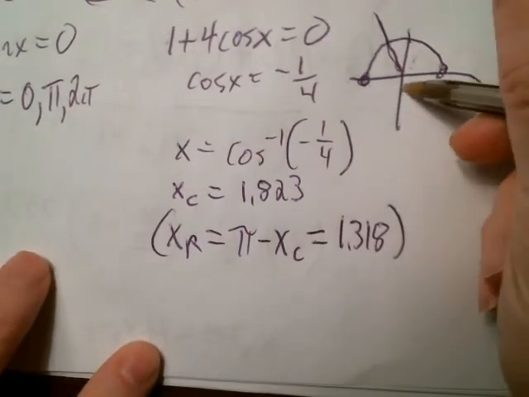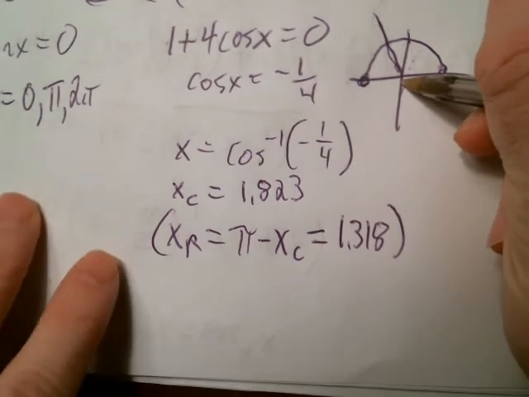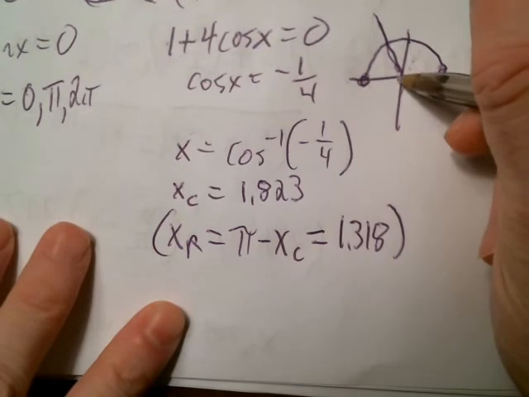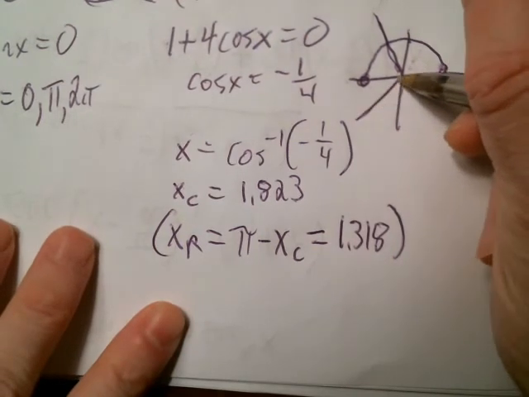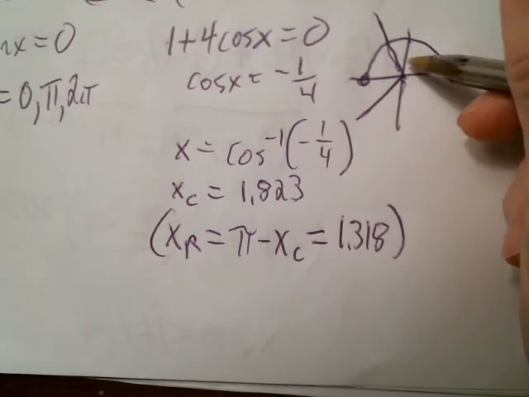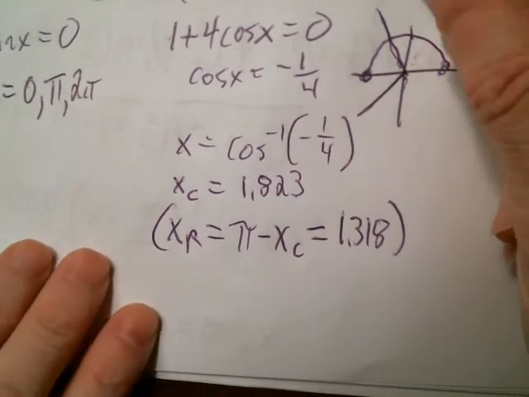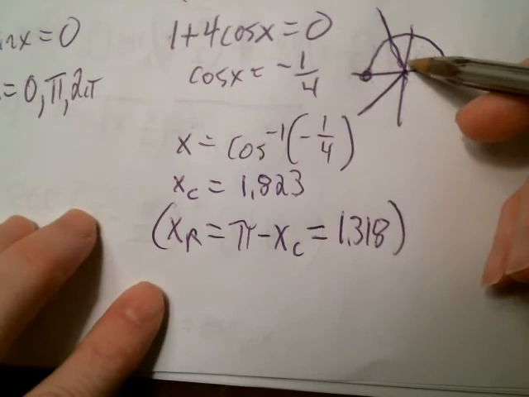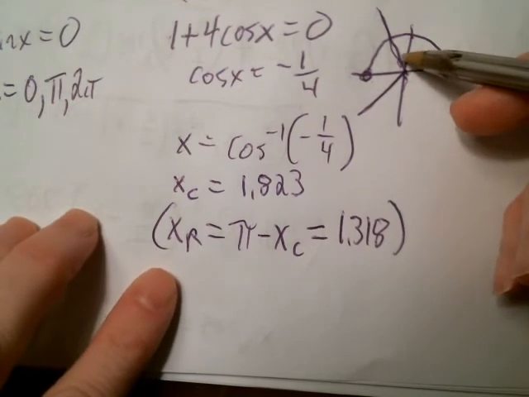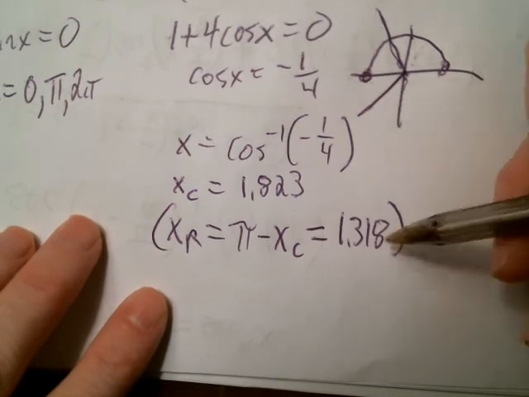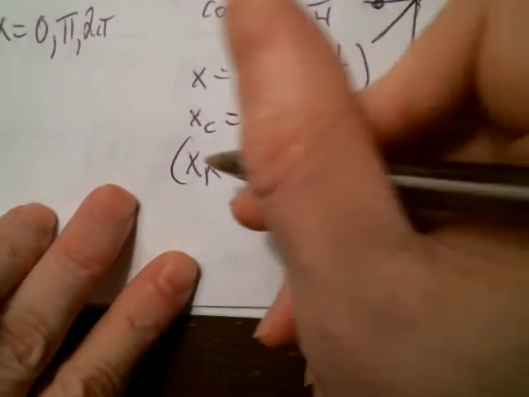So to get this other angle where cosine is negative, I need to figure this out. You probably could have just reflected, but this is the way we're trained to do it. In this case, it'll be pi plus the reference angle.